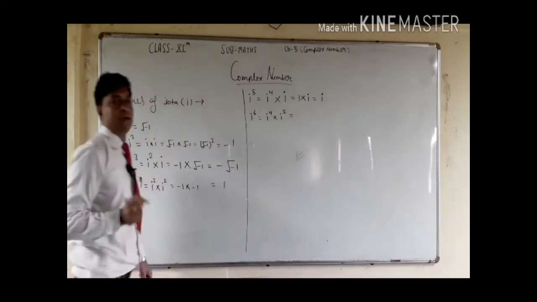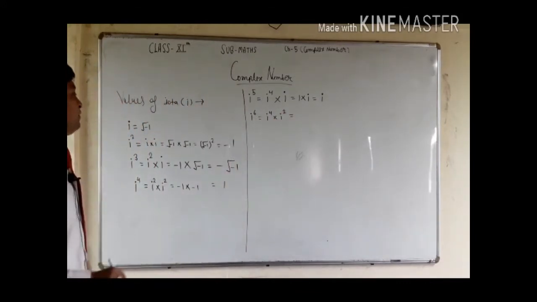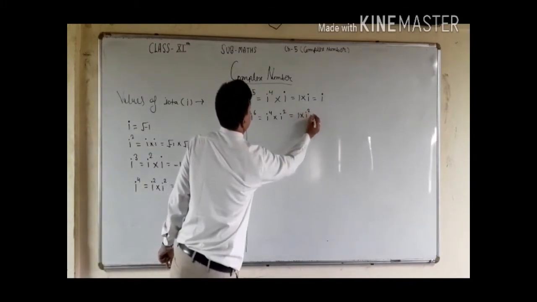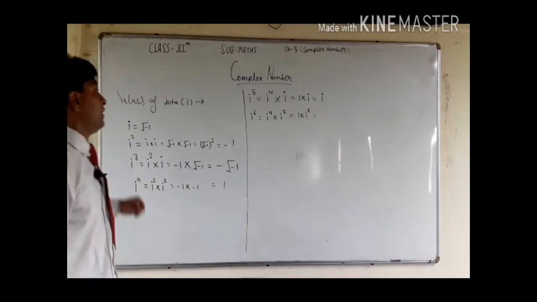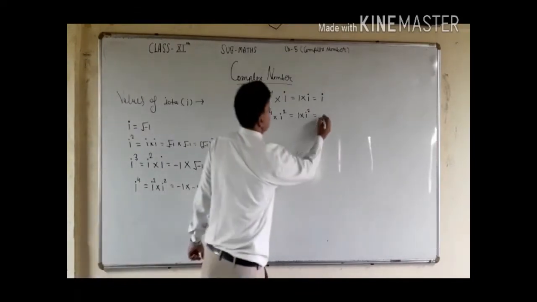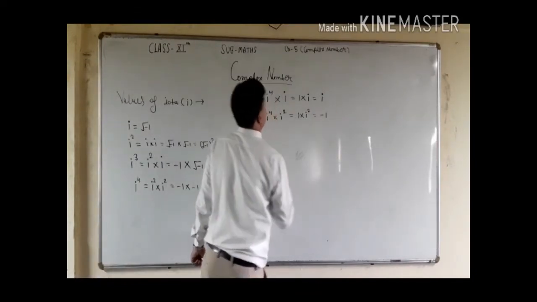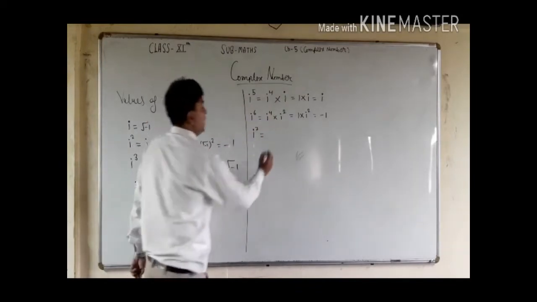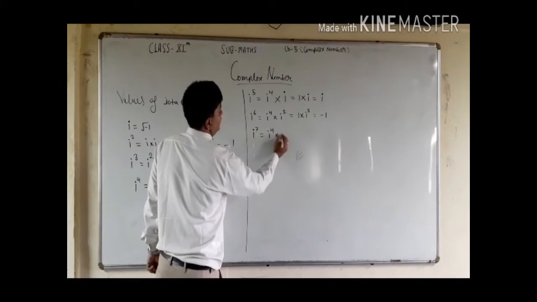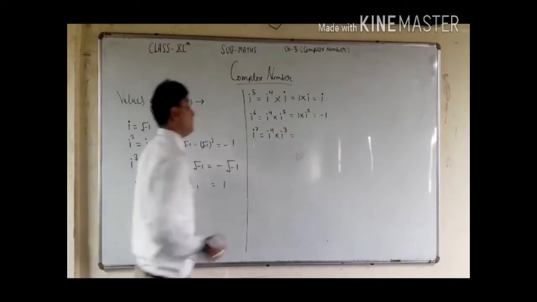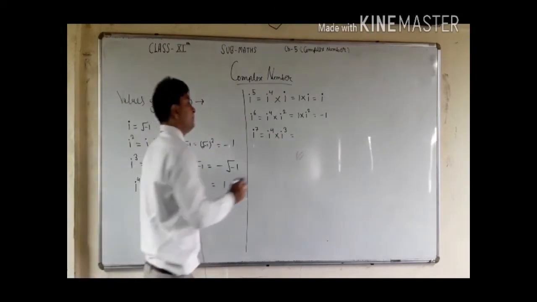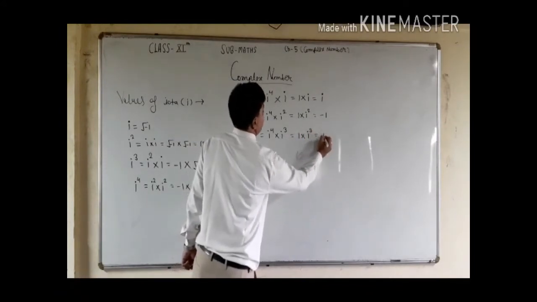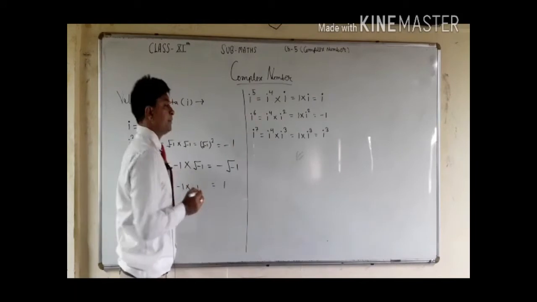Iota power 4 is equal to 1, and iota square is equal to minus 1. Again, iota power 7 is iota power 4 into iota power 3. Iota power 4 is equal to 1, so this is iota power 3.